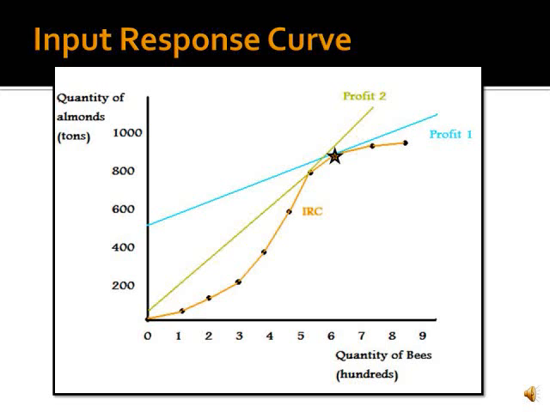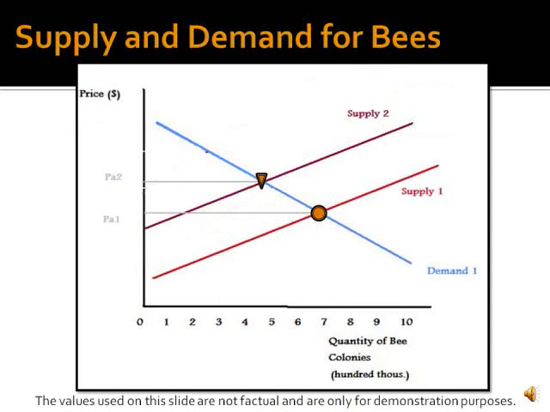Farmers who are seeking to optimize would begin to purchase bees from other countries at lower prices to decrease the cost of their inputs and maximize their outputs and profit in an attempt to regain the point labeled with the yellow star.